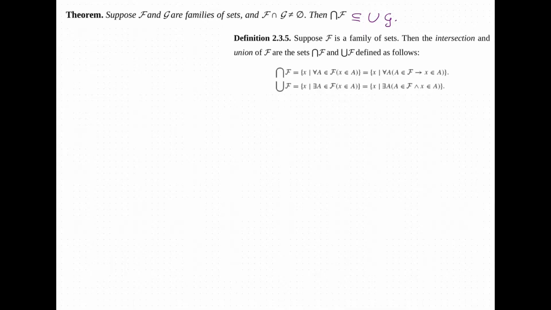If we do our scratch work here, we have F intersect G, so our givens.